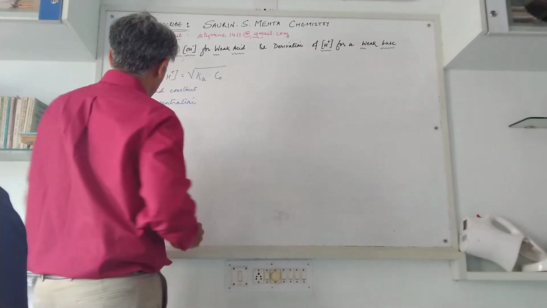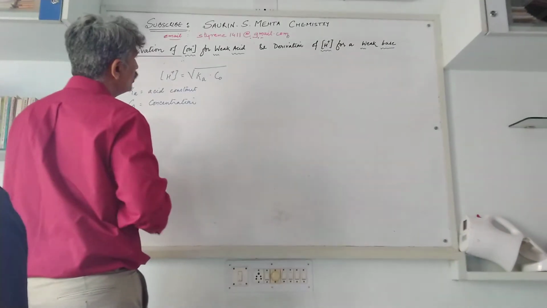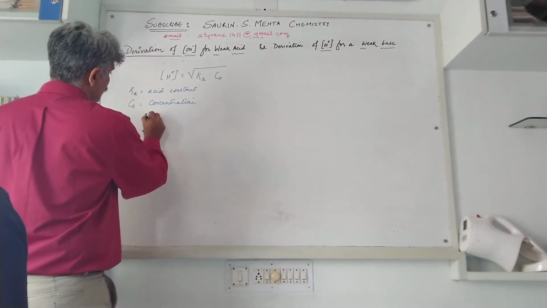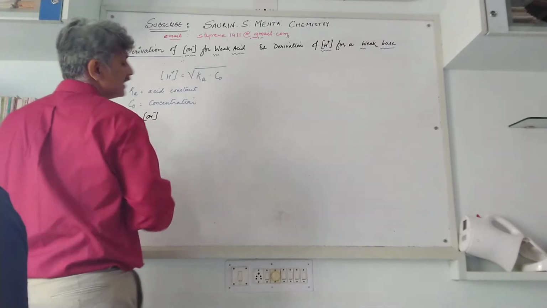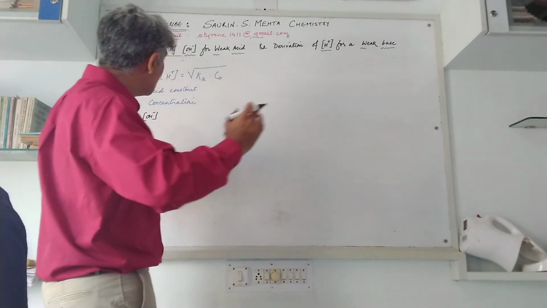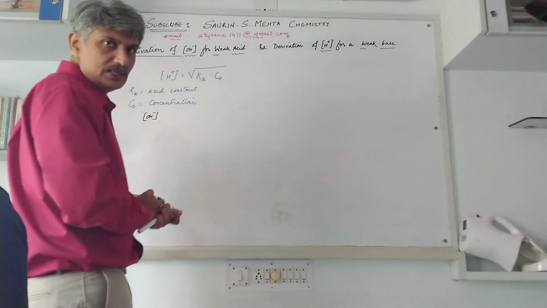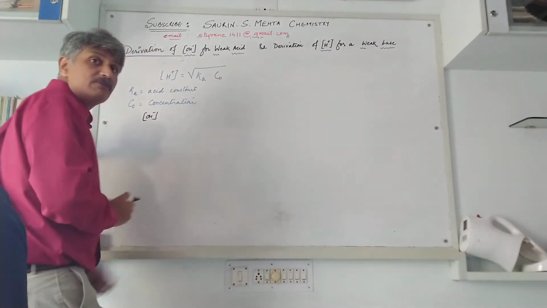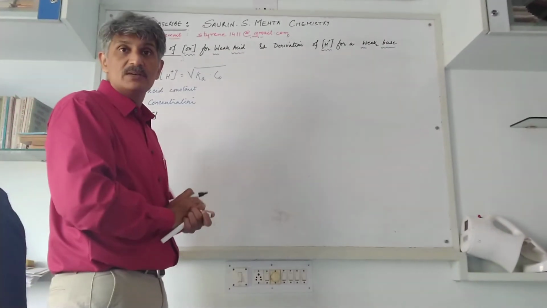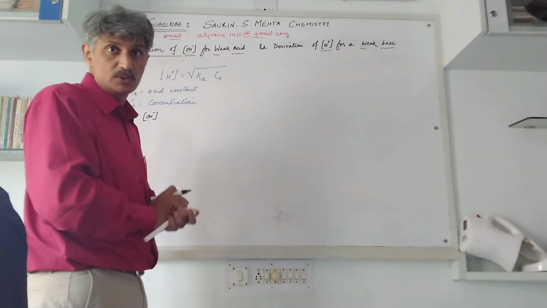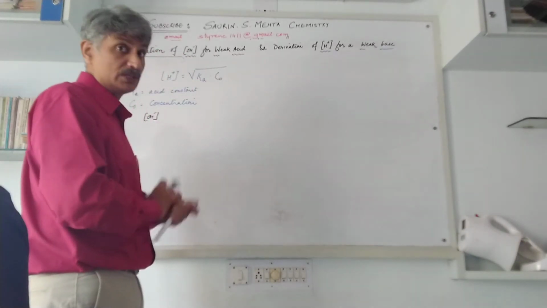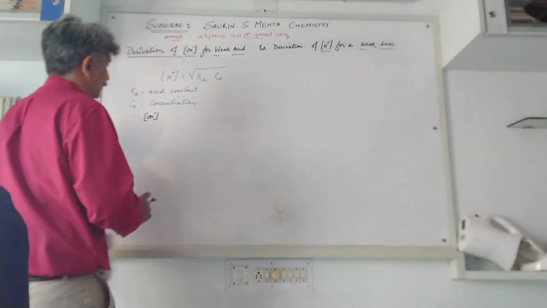Now, we want to derive the OH- ion concentration for the same weak acid. To derive it, we need to understand one thing fundamentally, which we talked about in our previous episode, the self-ionization of water. Refer to that.